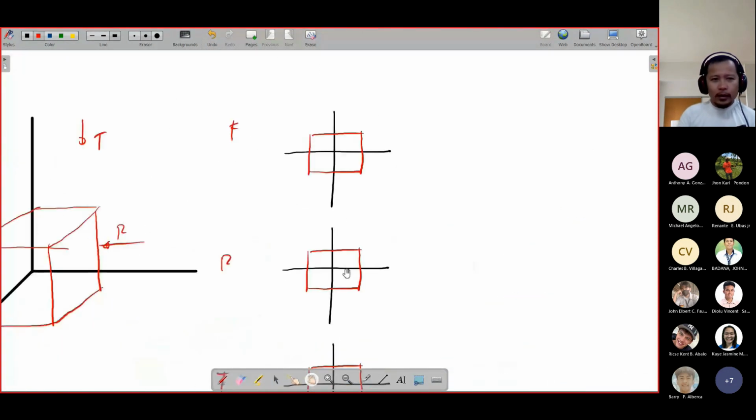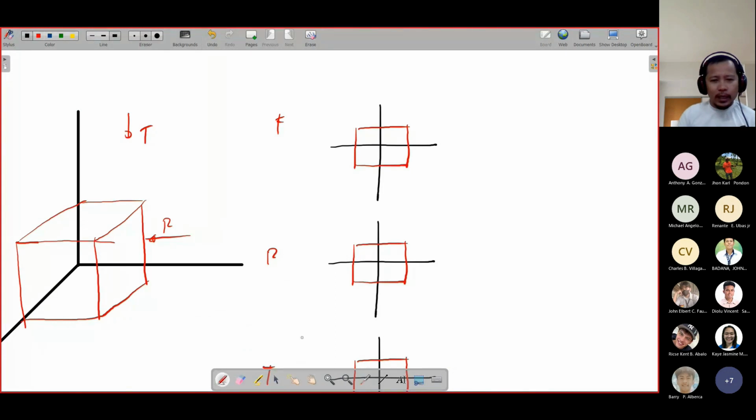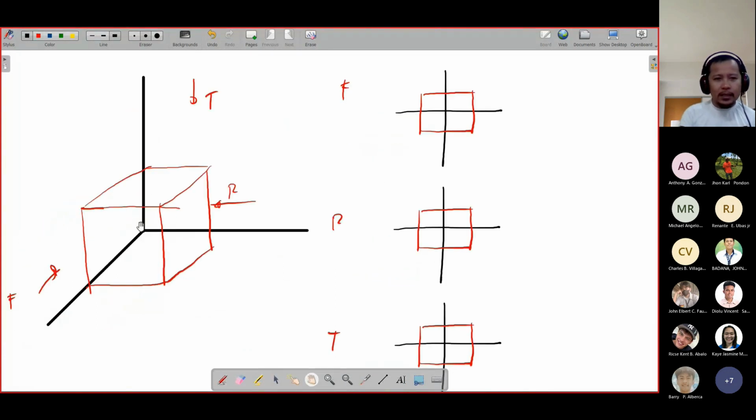So if you are in the front view, which axes do you see? Recall, this is the x-axis, this is the y-axis, this is the z-axis. In the front view, you see positive y, negative y, positive z and negative z. In the right side view, you see positive x, negative x, positive z and negative z.